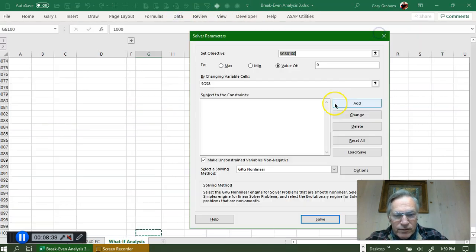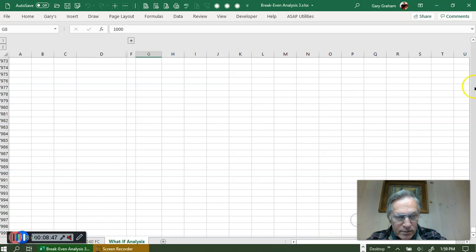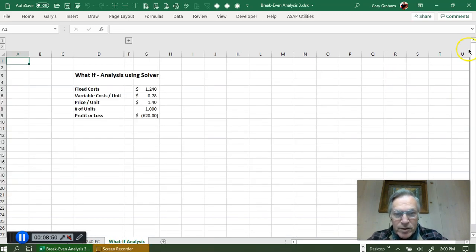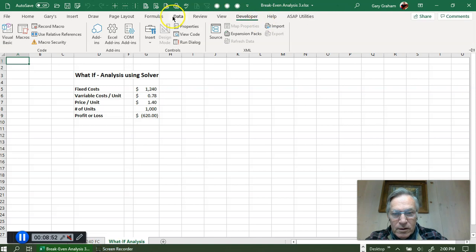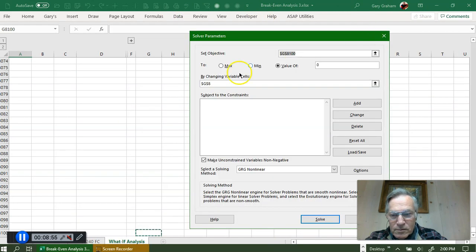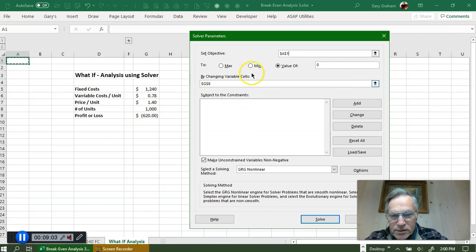You can go to the solver and say, my objective is I want to set my profit or loss, this field, to 0, and I want to change in this equation, I want to change number of units sold.